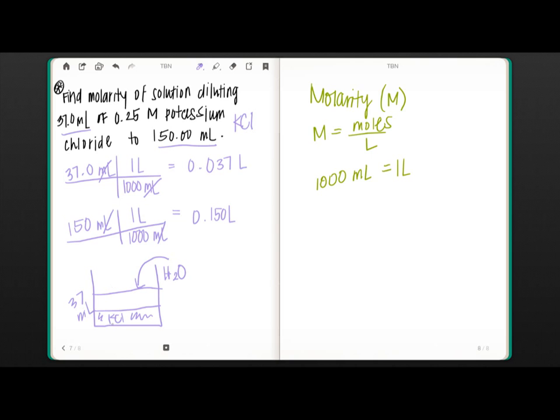The amount of moles of potassium chloride you have will not change. What's changing is your volume. That's why I think about Gatorade whenever I dilute it, because sometimes it's too sweet or sugary.